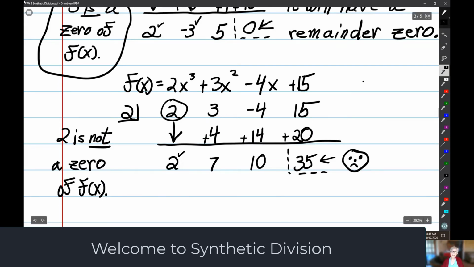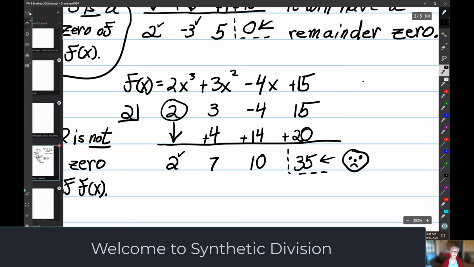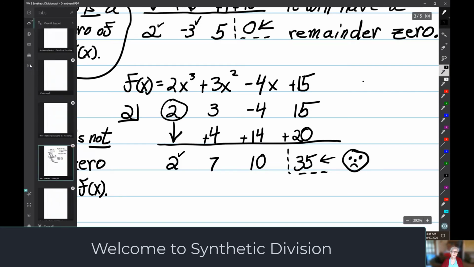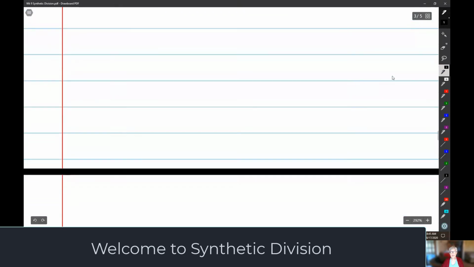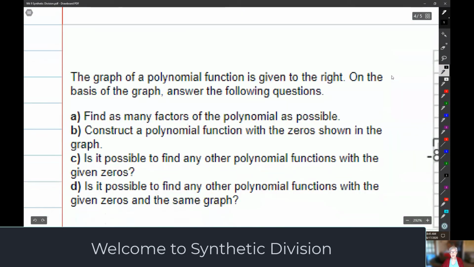That's the test to see if a number is a 0 of a polynomial. Like I said, we're going to use that test over and over.